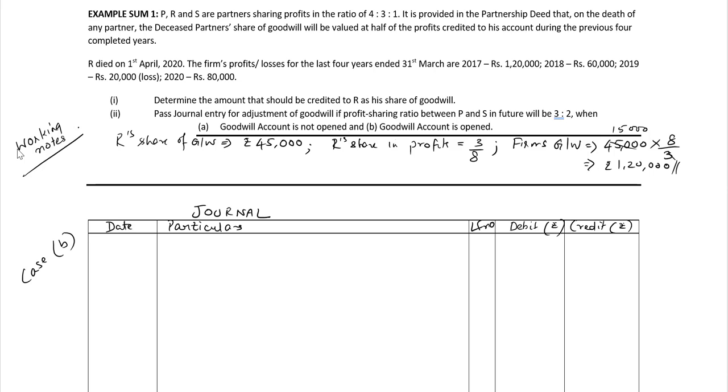The date of death is 1st April 2020. The first journal entry is for raising goodwill to full value.